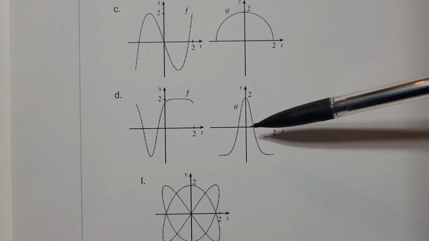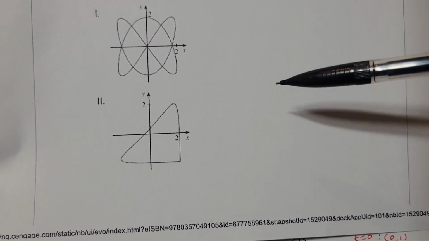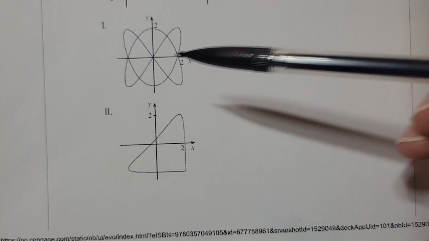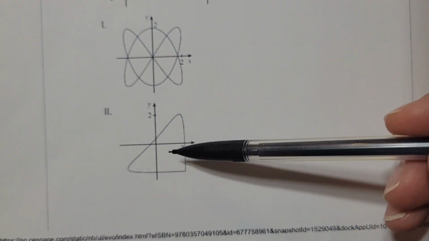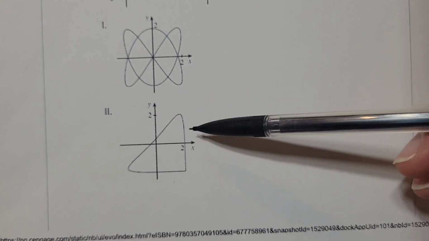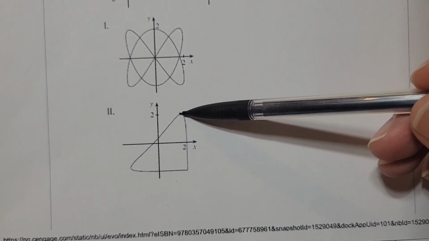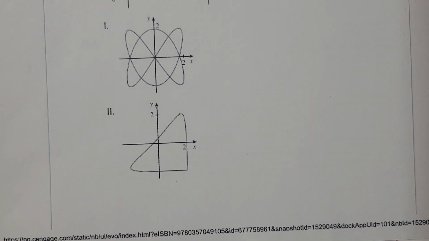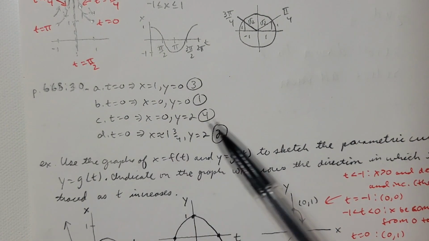So which graph contains the point 1.75, 2? Well, we've used this one, this one, and this one. So let me just check that this contains the point. 1.75 is about right there, and then 2, yeah, that looks like it's on the graph. So the information in graph 2 is going to go with D.